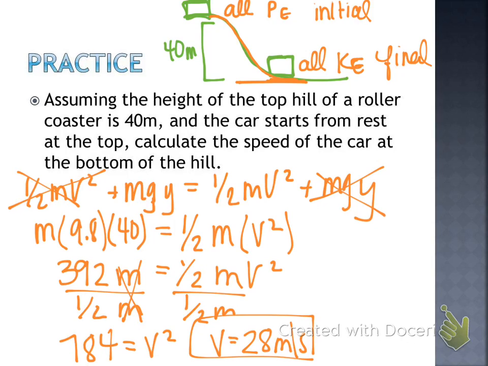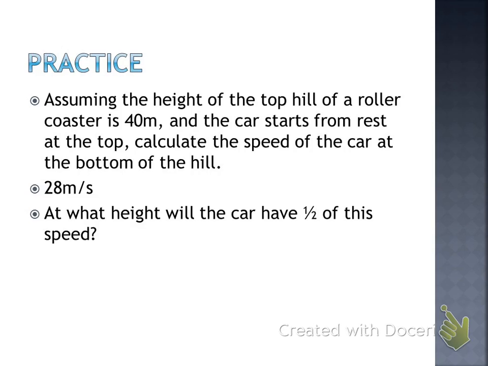This object is not falling in the downward direction. We're just going to consider this roller coaster path to be the positive direction, so we can keep that at a positive 28 meters per second. So we found that the answer at the completely bottom of the path is going to be equal to 28 meters per second.